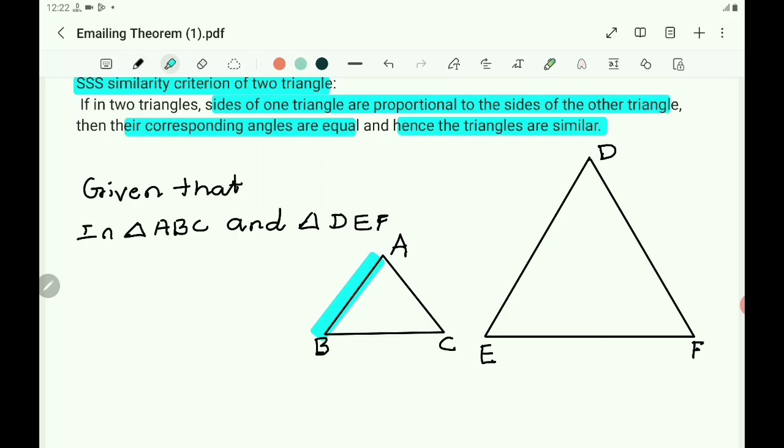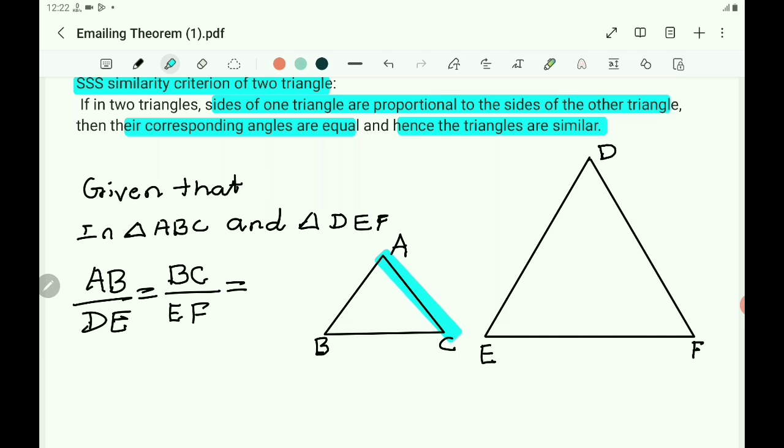Means you write AB by DE equals BC by EF equals AC by DF.